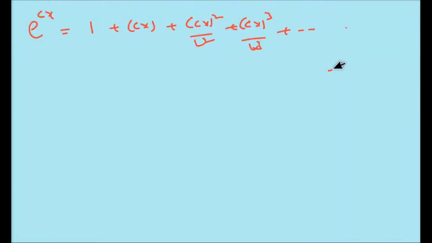Now let e to the power c be a constant a, then taking log, how can we write it? We can write log of a with base e equal to c.